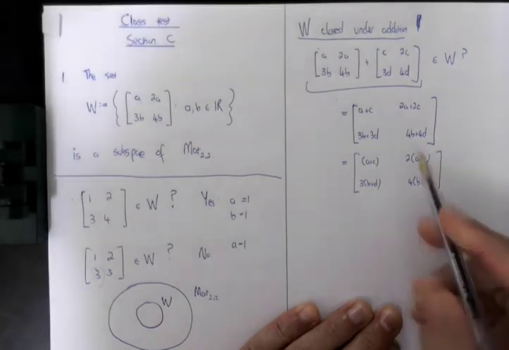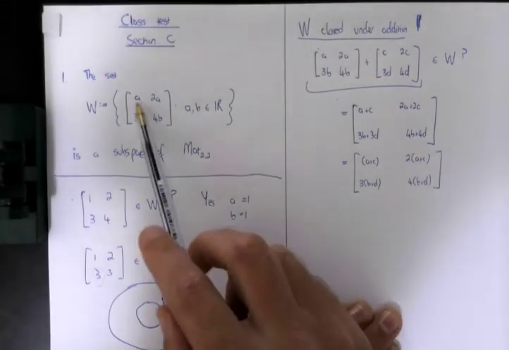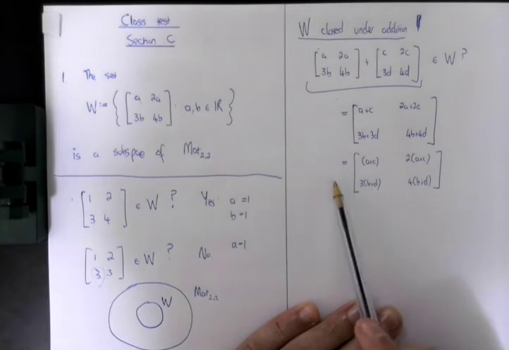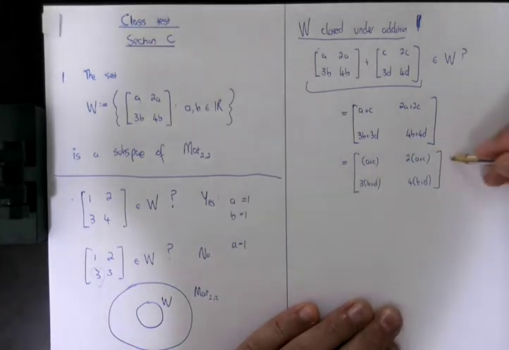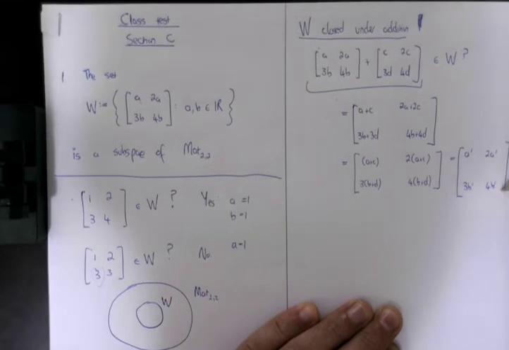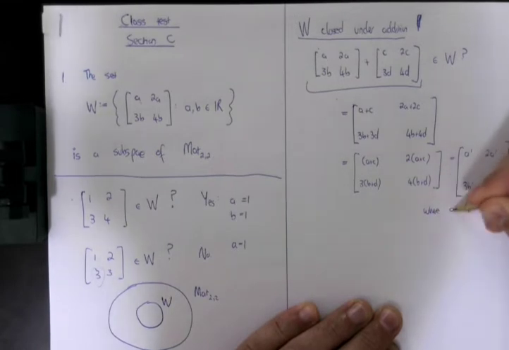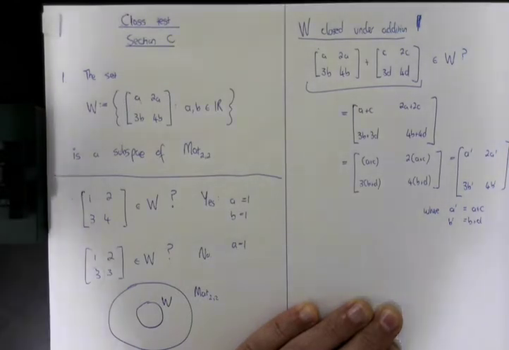And it's only when it's in this form that I can recognize that it is indeed in W. I'm doing this very slowly for you, but this would be of the form A prime, 2A prime, 3B prime, and 4B prime, where the new A, the A prime, is A plus C, and the new B is B plus D, right? So therefore it's in W.